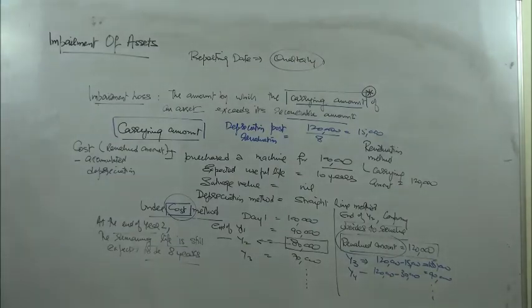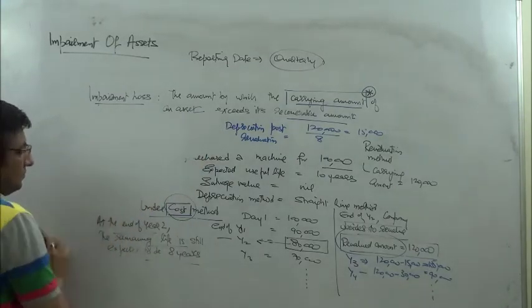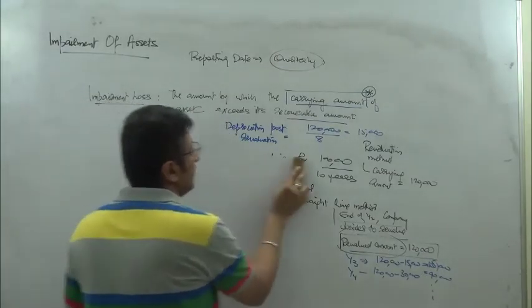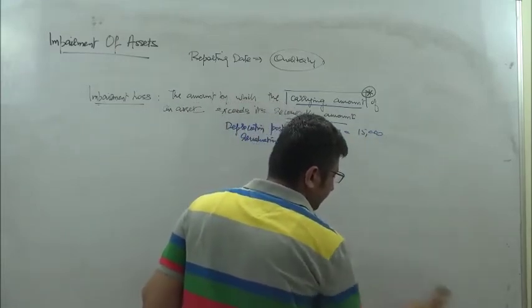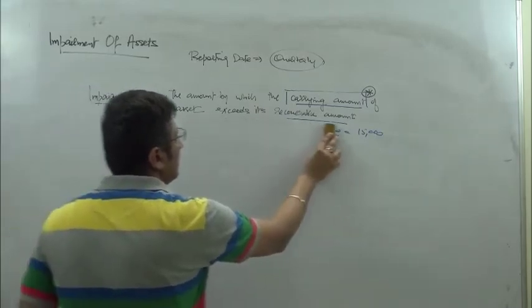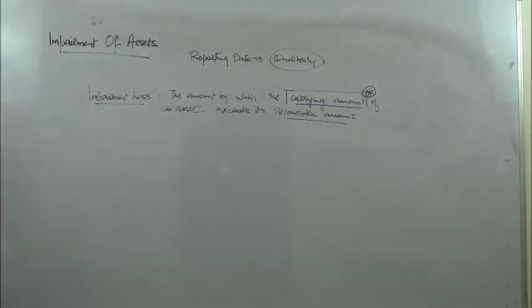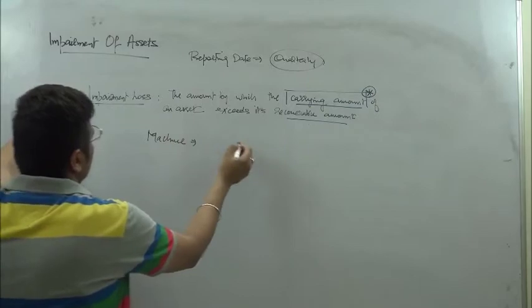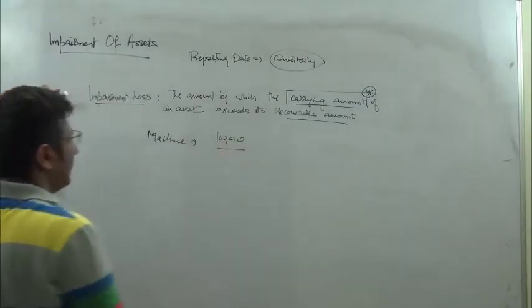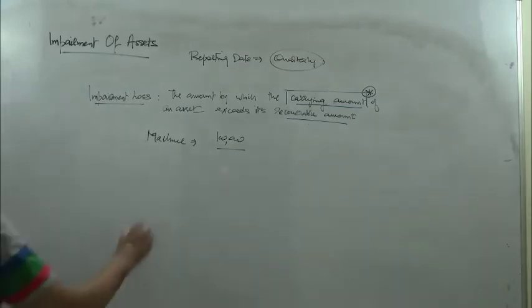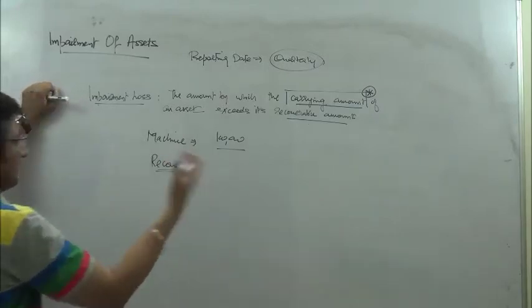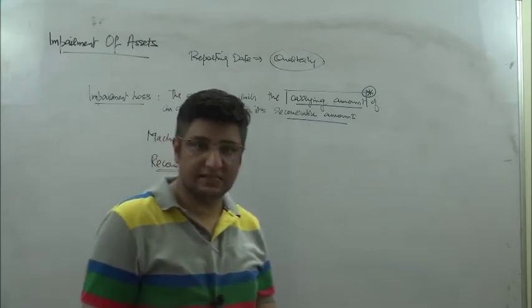We are saying, having dealt with the carrying amount, that if I have an asset with me on balance sheet, let's say this machine, which I purchased for 100,000, the recovery from the machine can be made in two ways, right?